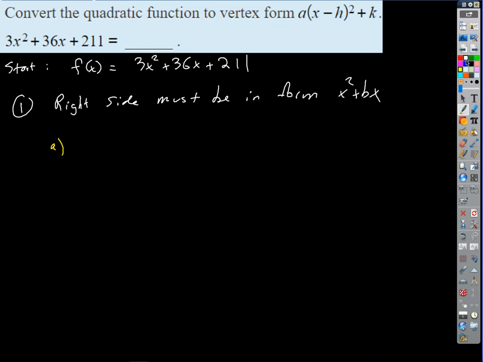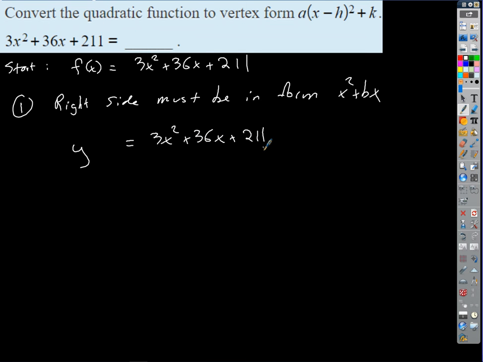Oh, and before we even do that, one thing I should have done at the very beginning, we're going to rewrite this in terms of y's. Instead of f of x, we're going to write it as y equals 3x squared plus 36x plus 211.